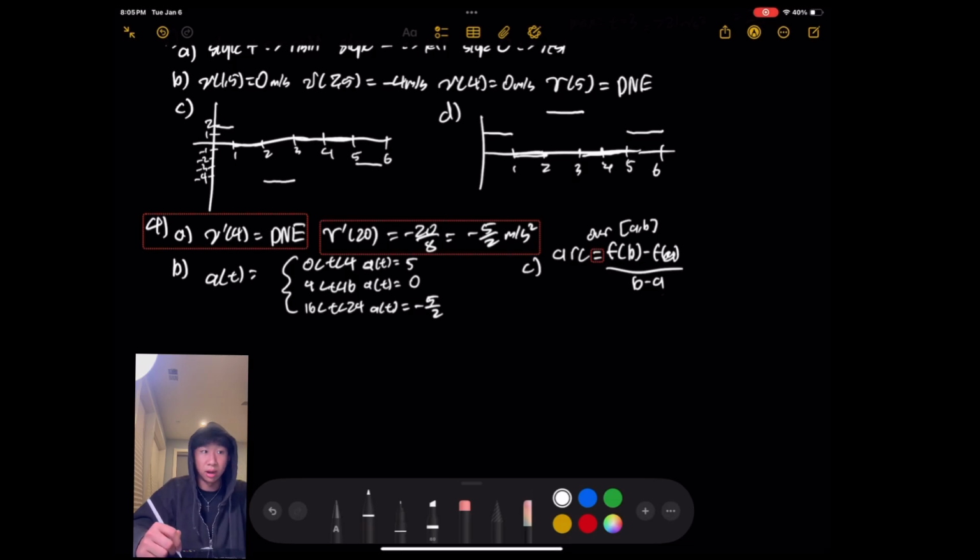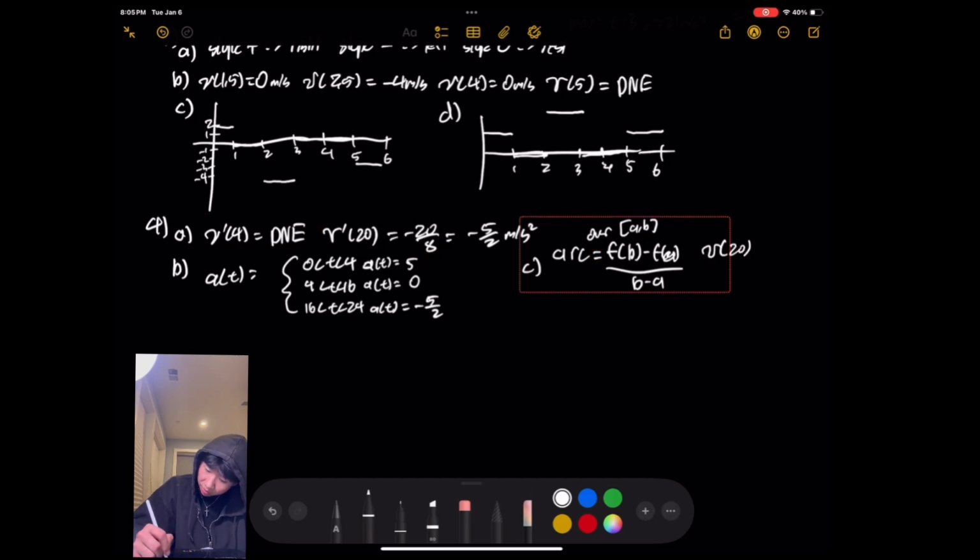So in this case, because it's asking for the average rate of change of V, and we're already given the velocity graph, it's going to be V of 20 minus V of 8 over 20 minus 8.